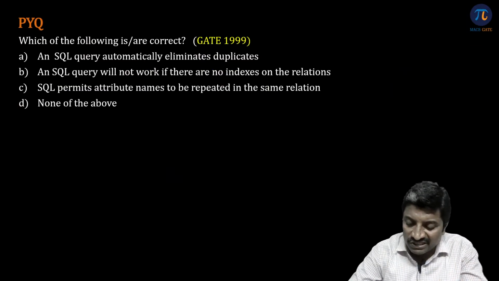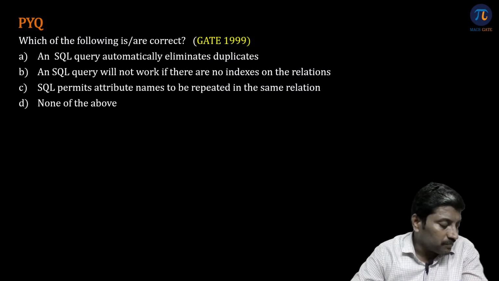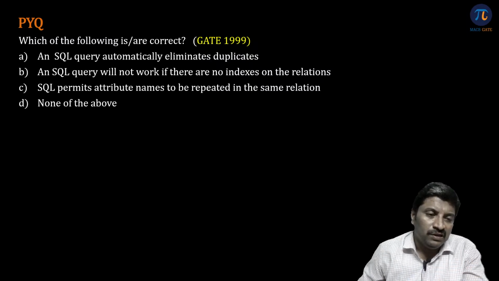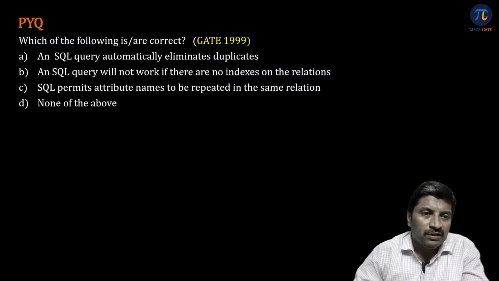Fine. So let us see some previous question. Which of the following is correct? An SQL query automatically eliminates duplicates. The second option, an SQL query will not work if there are no indexes on the relations.